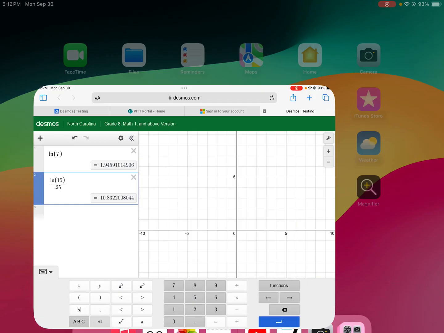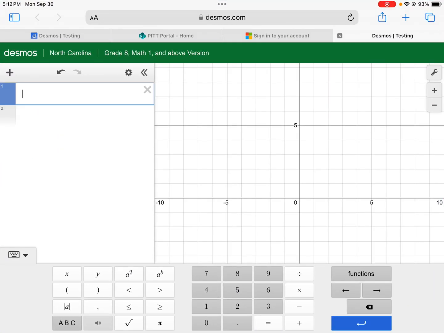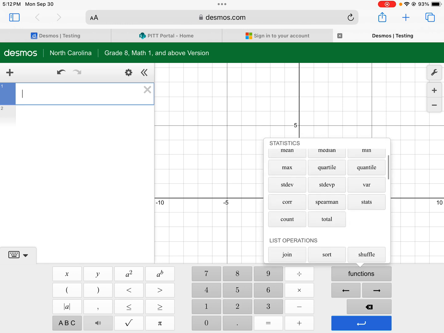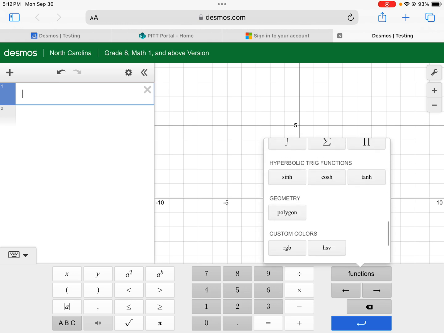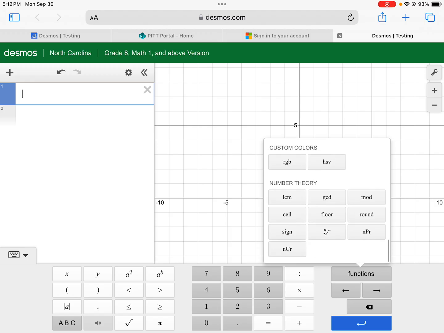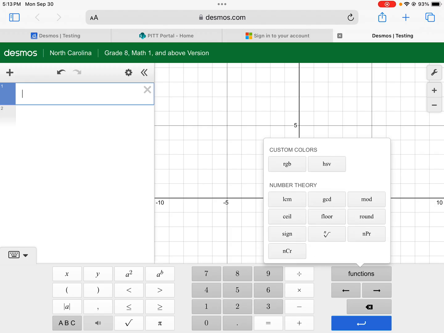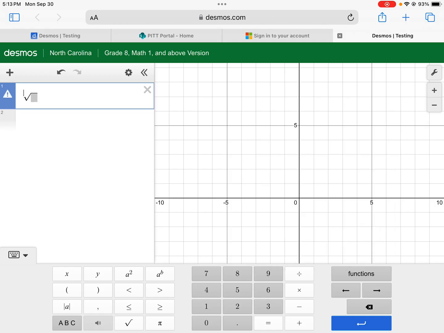So we can go into Desmos and we can figure that out. Right? You are going to want to go under your functions. Oh, there it is. Down there at the very bottom is under number theory. That's where you see the one where you can change that index to a number other than 2. So we're going to change that index to a 4.